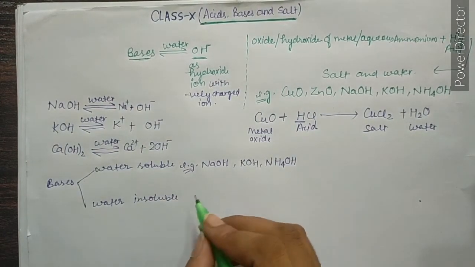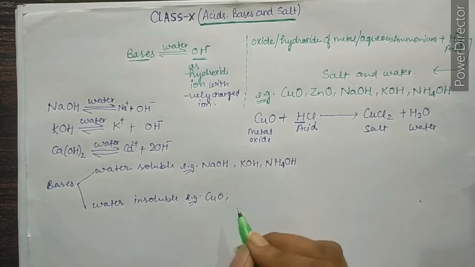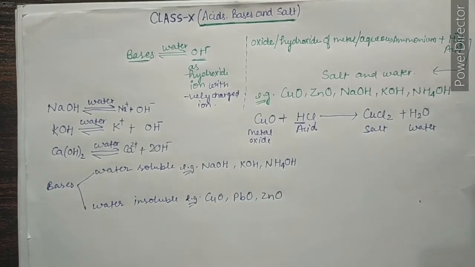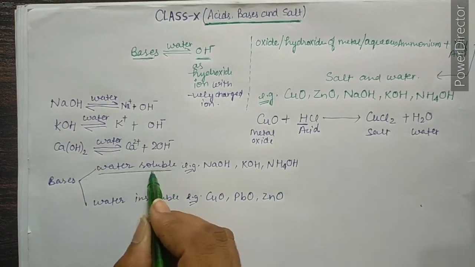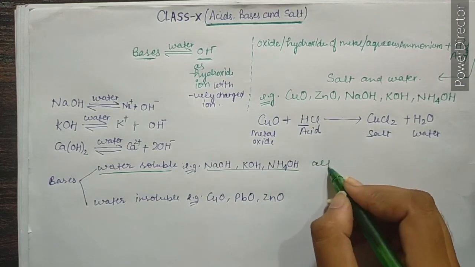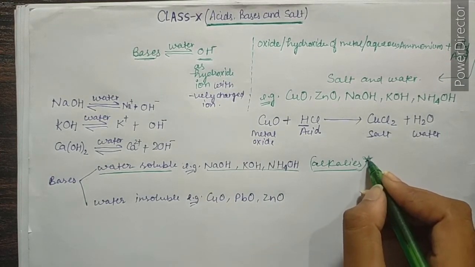Water insoluble examples are CuO, PbO and ZnO. Mainly, these water soluble bases are known as alkali. It is a very important point.